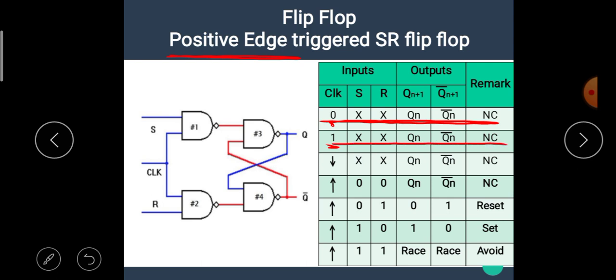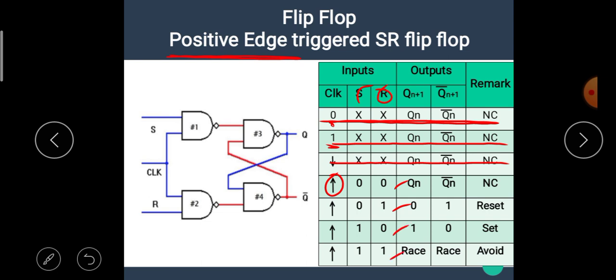The value of S and R in this case doesn't matter. The flip flop responds only to the rising edge or the positive edge, and we know that for the rising edge there are a total of 4 combinations: 0 0, 0 1, 1 0 and 1 1.